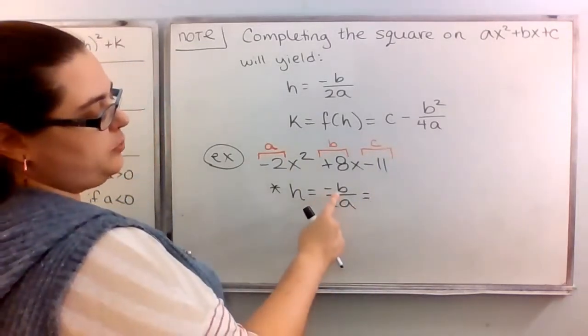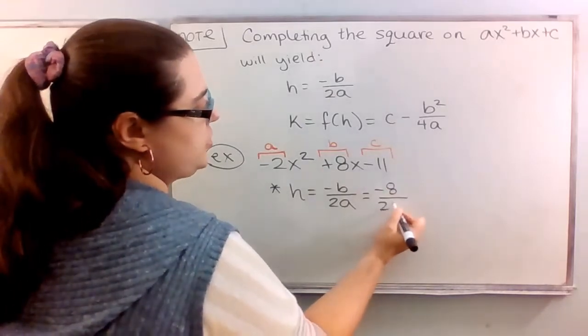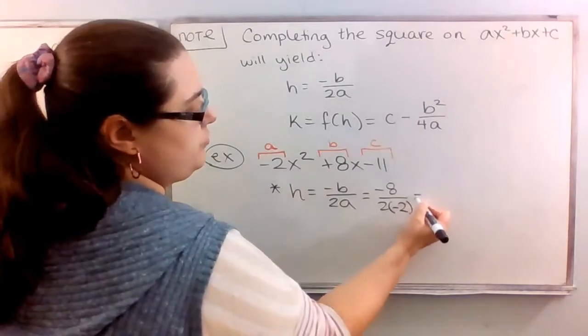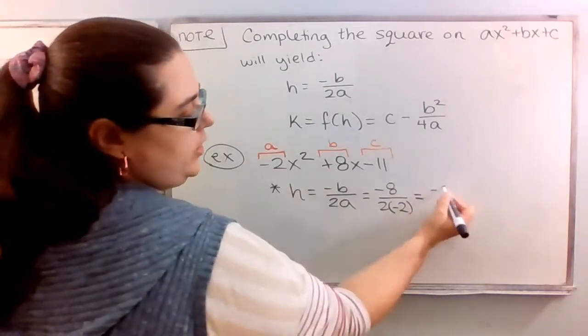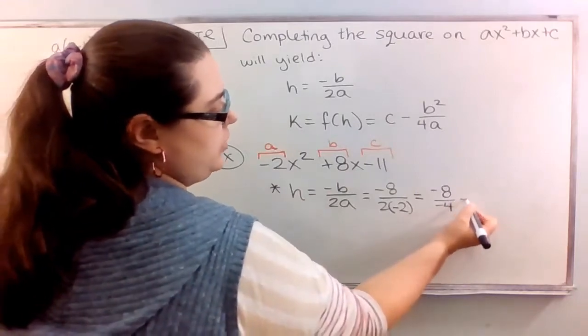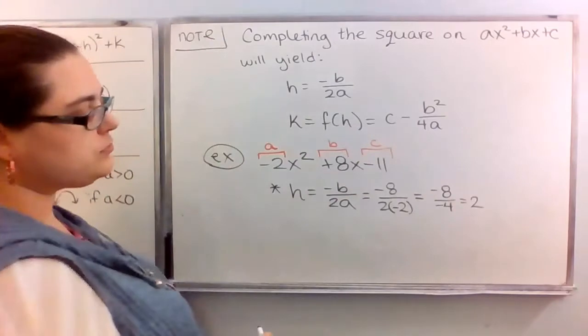So negative b is going to be negative 8 over 2 times a. A is negative 2. So we get negative 8 over 2 times negative 2, which is a negative 4. And that will give us 2.